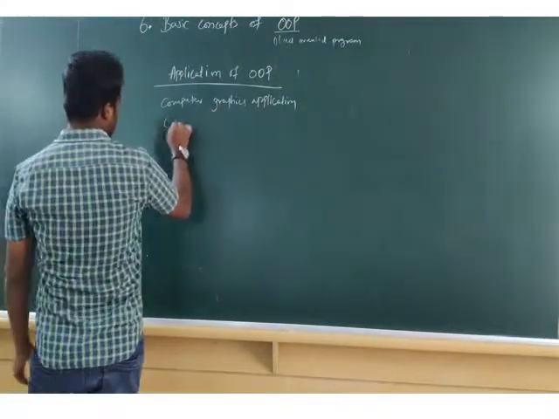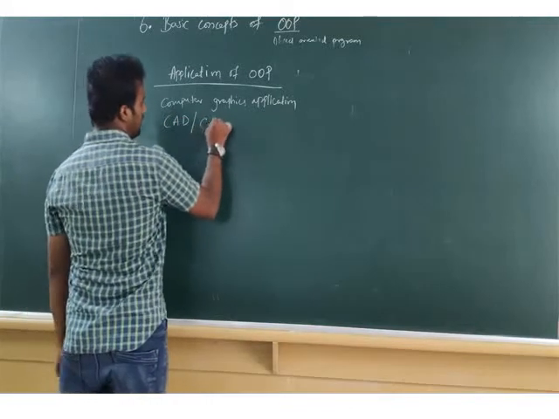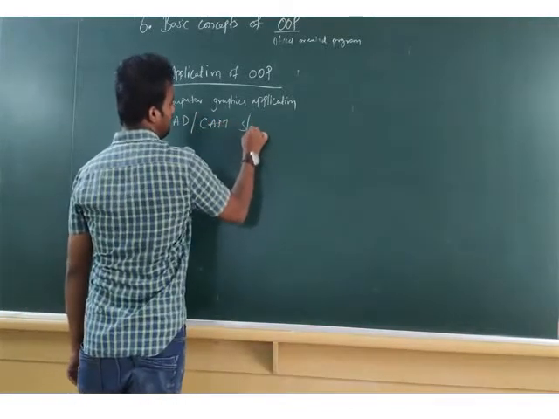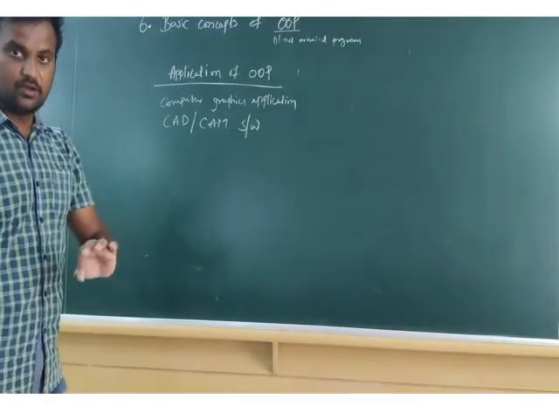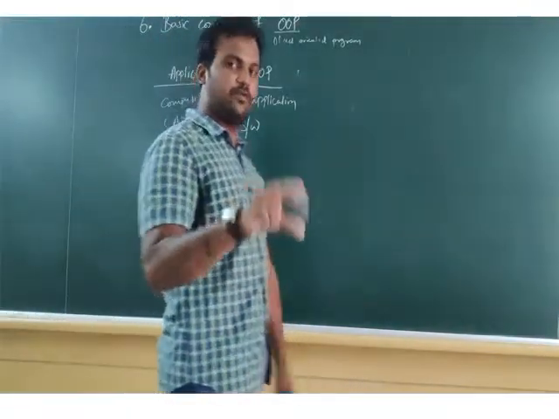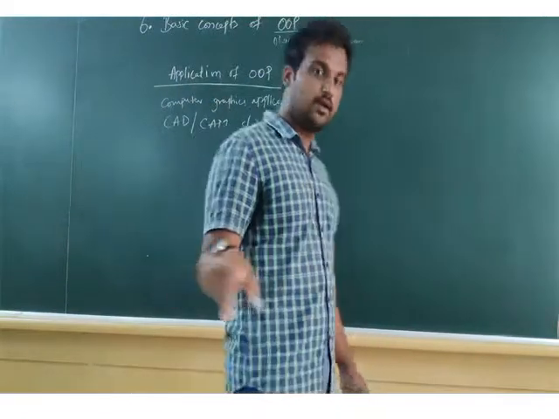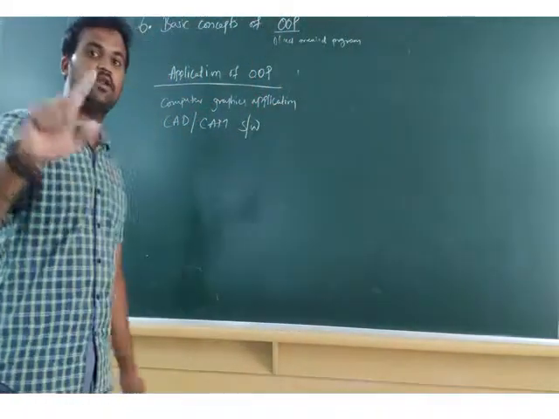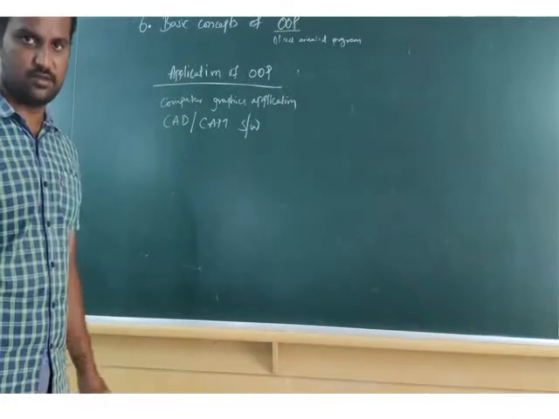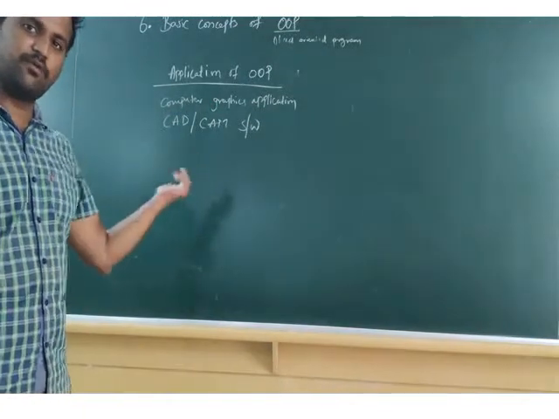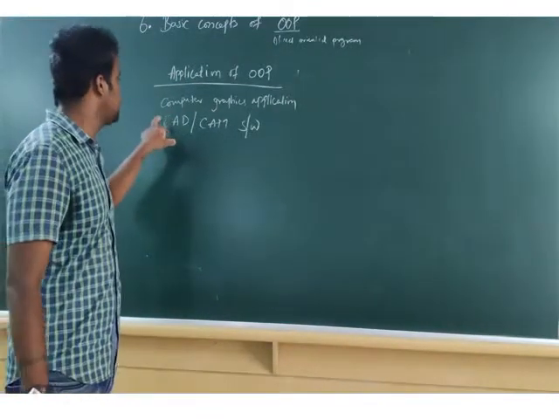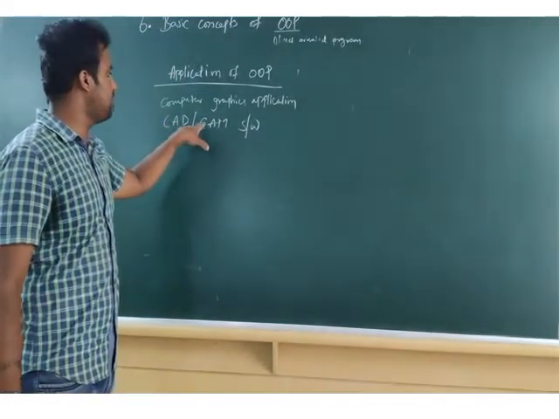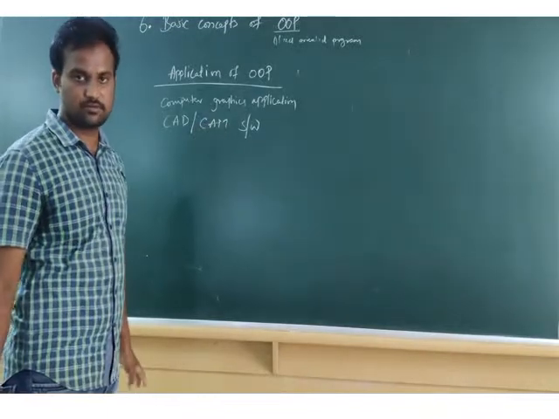Next, it has CAD, CAM software. CAD means computer aided design. So by using computer we can design. And next, by using computer only we can manufacture. You can see robots, they manufacture by using computer algorithms only. CAD means computer aided design. CAM means computer aided manufacturing.